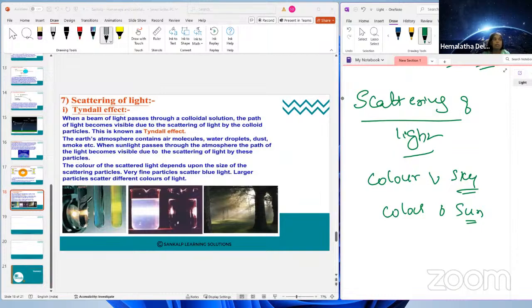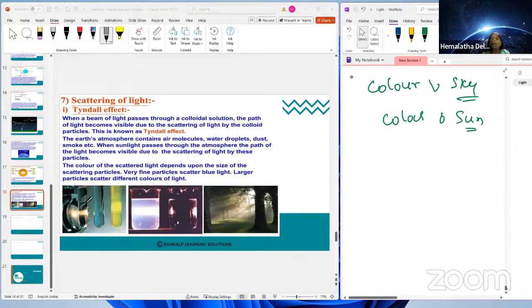One more thing is the Tyndall effect. That is also due to the scattering of light. So again, I wanted to explain the color of the sky depending upon the scattering of light. What happens here?